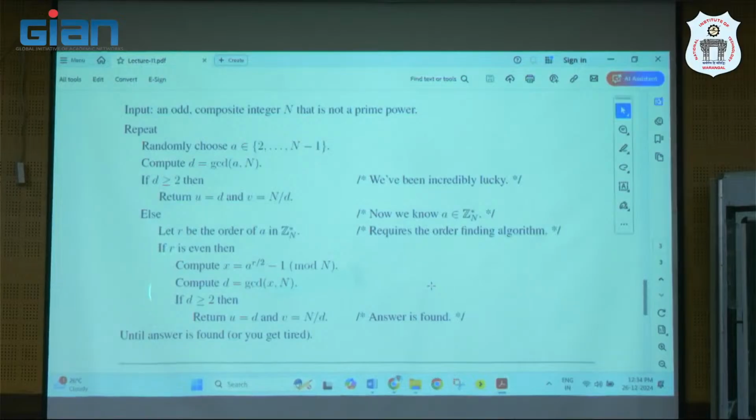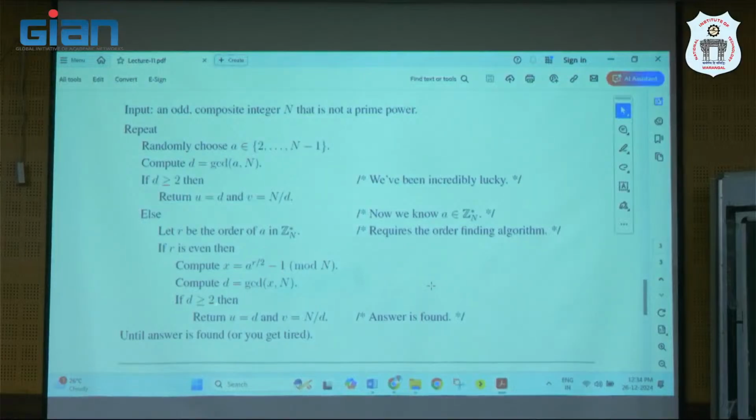Now if R is even, then what you do? Compute X, which is A to the R over 2 minus 1 mod N. This A to the power R over 2 you can compute even if R is large, remember our recursive algorithm, correct?